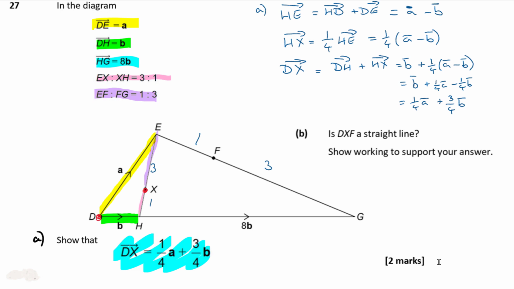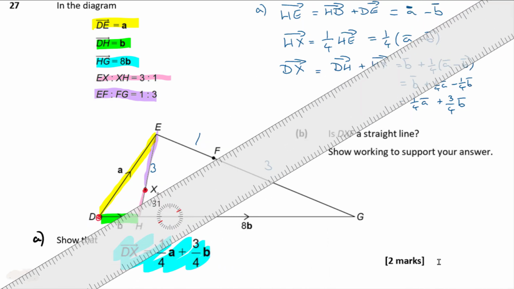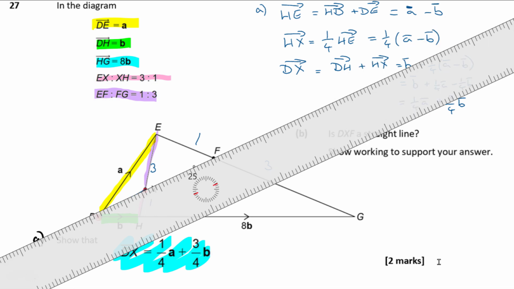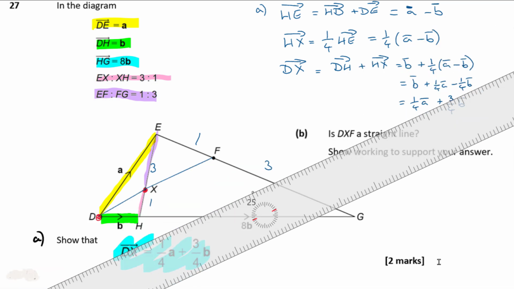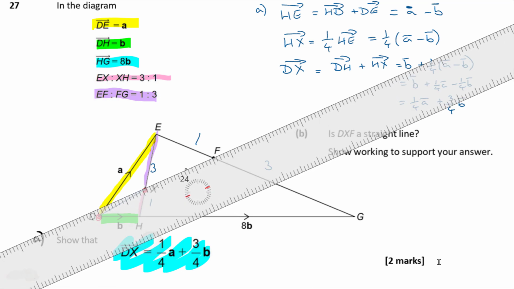Part B says, is DXF a straight line? Show working to support your answer. DXF. Okay, so D to X and X to F. It could be.